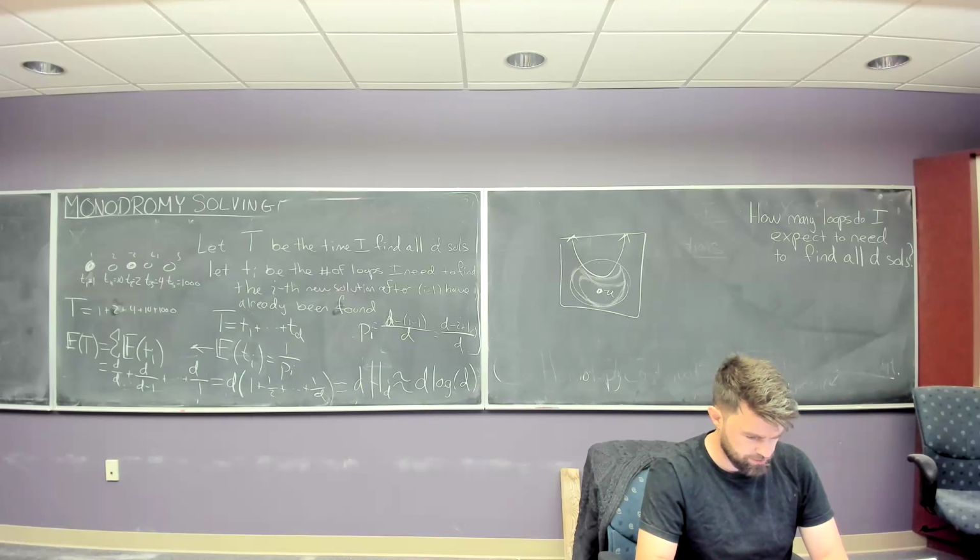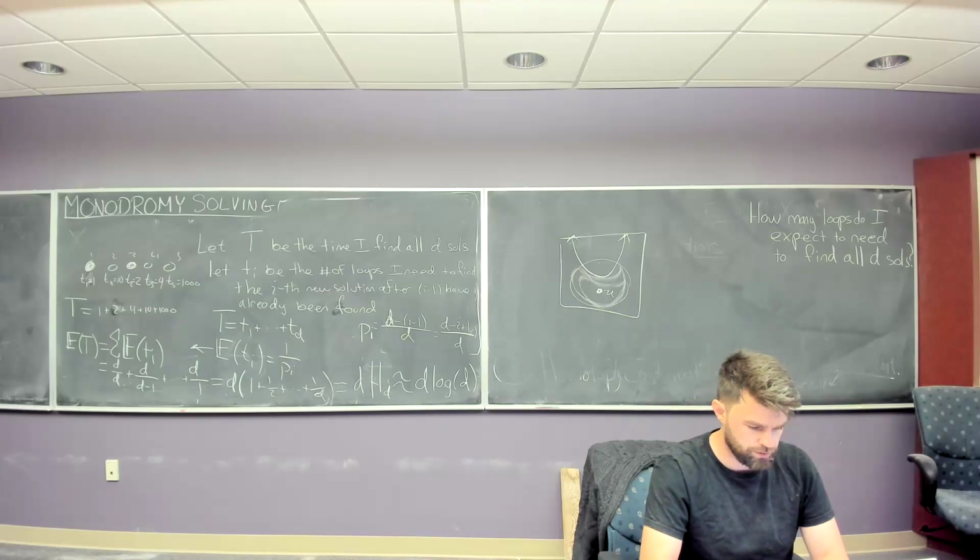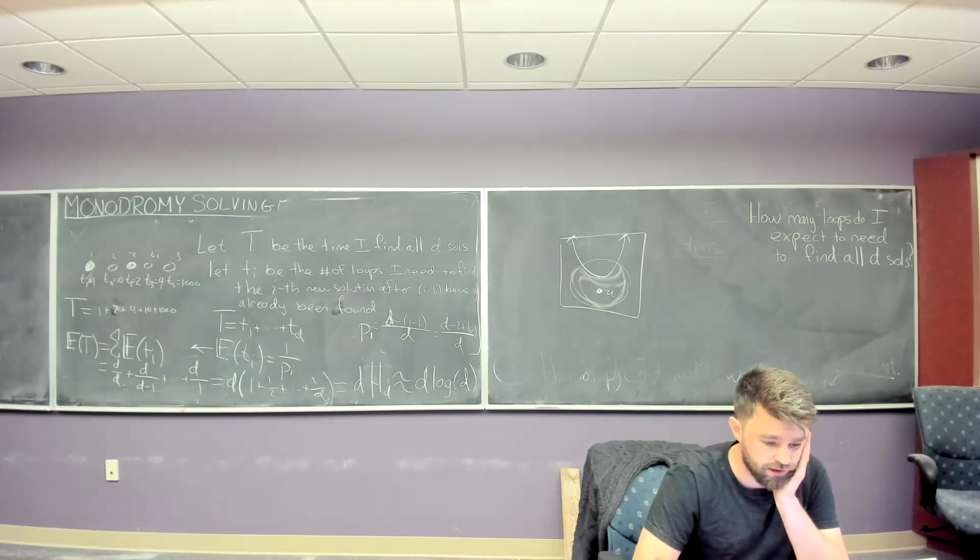Loop equals random loop of U. Then F of S, loop. See if it works at all.